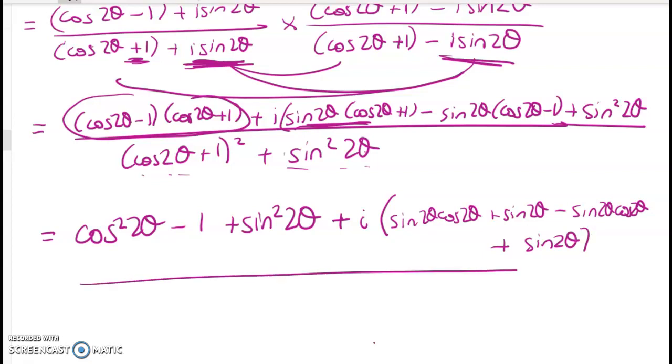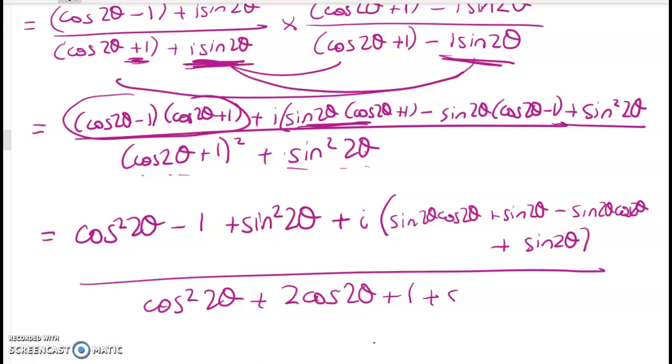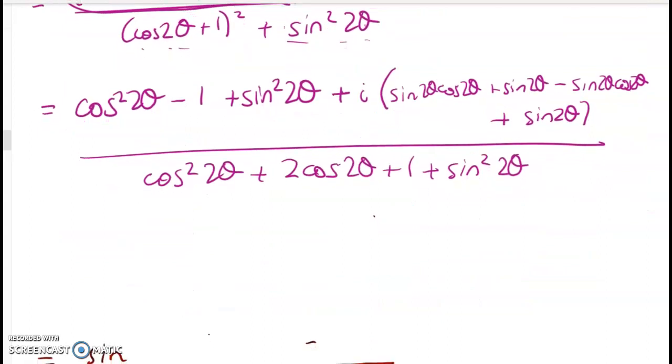Right, so that's the numerator done. And then down here, we get cos squared 2 theta plus 2 cos 2 theta plus 1 plus sine squared 2 theta. Right, so I told you this way was a bit messier, but it's going to be easy when we get a bit further through.